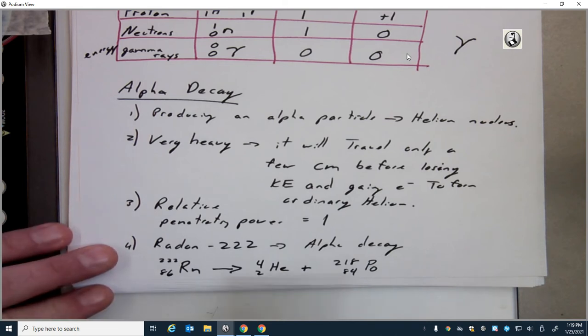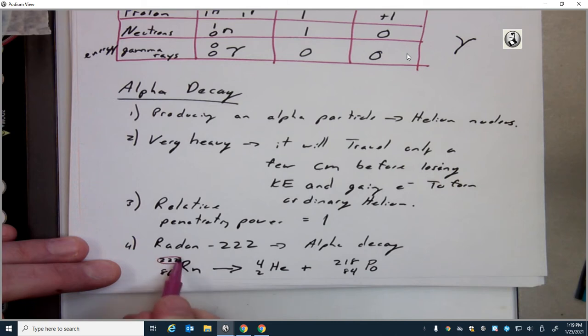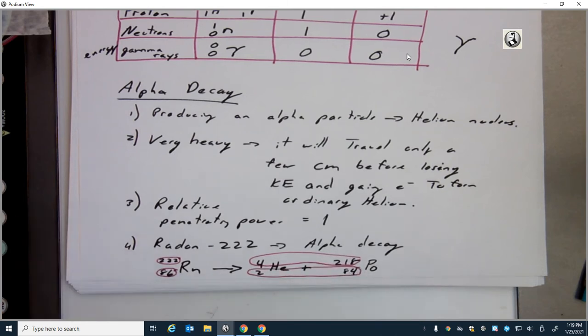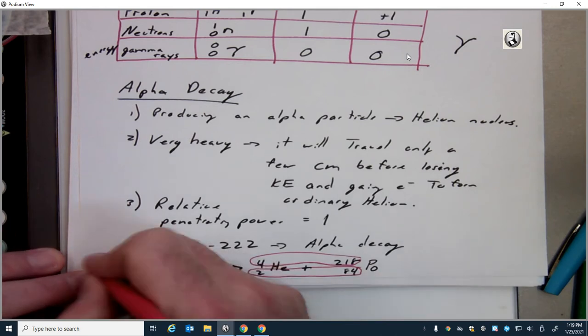And this is my nuclear equation, and it's balanced, because the mass on this side is equal to the mass on this side, and the number of protons on this side is equal to the number of protons on this side.